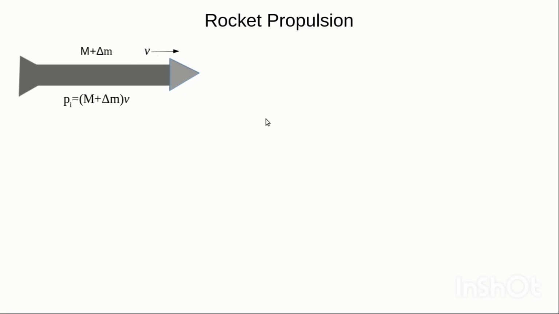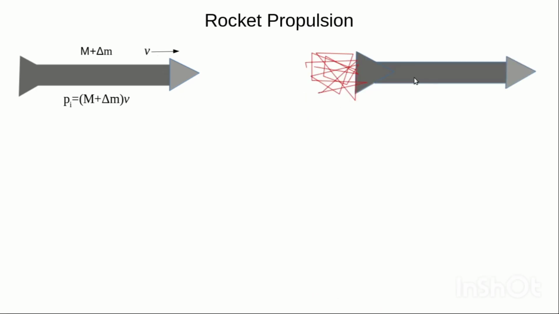As the engine is switched on, this gas will start coming out of the exhaust, and we have the new mass, which is m, because the fuel is being used up. So we have m and a new velocity, which is v plus another extra change in v.